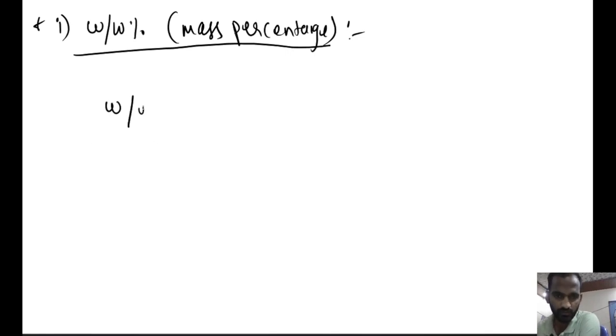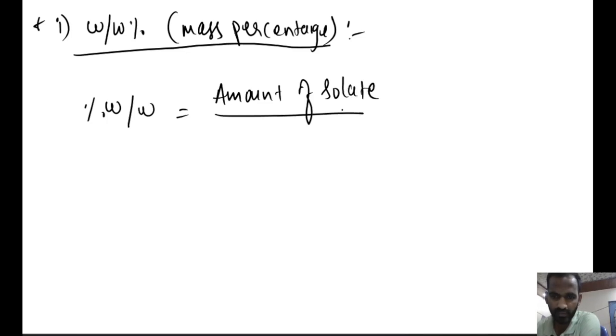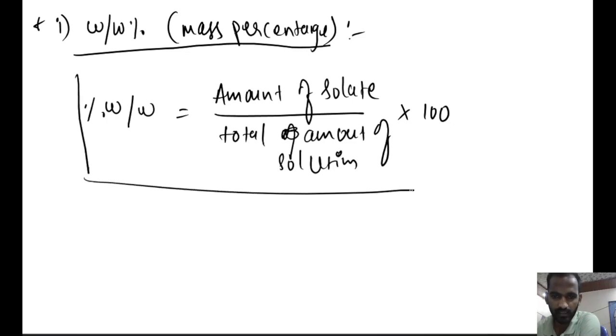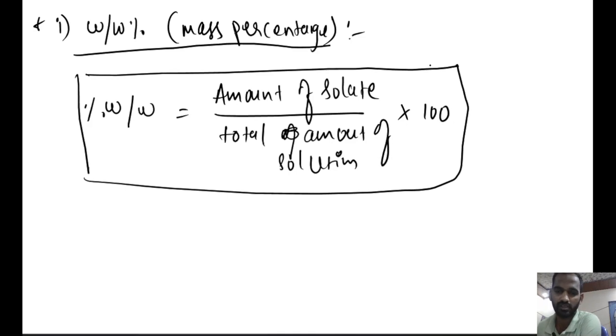W by W percentage is equal to the amount of solute present in the total amount of solution, into 100. If I do that, I'll get W by W percentage or mass percentage.